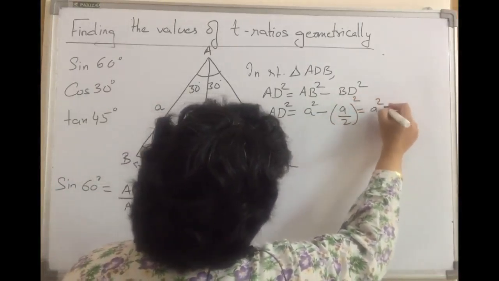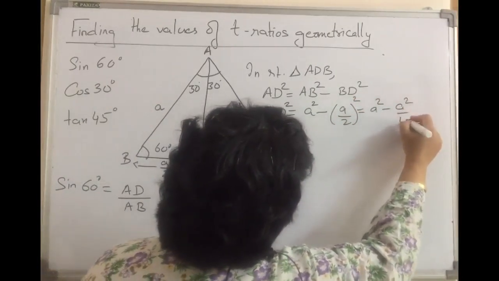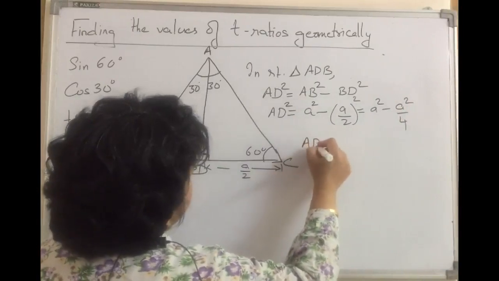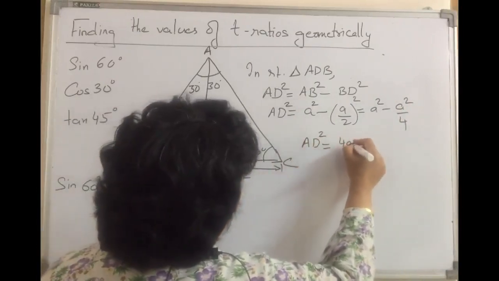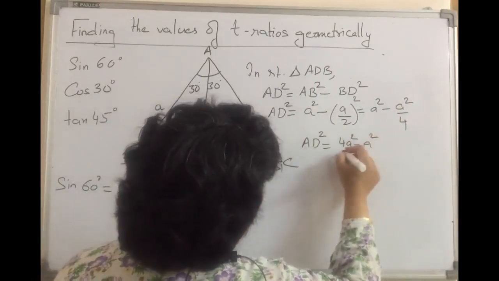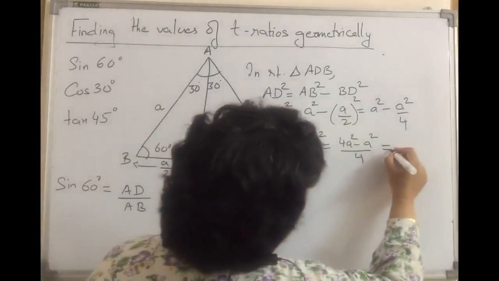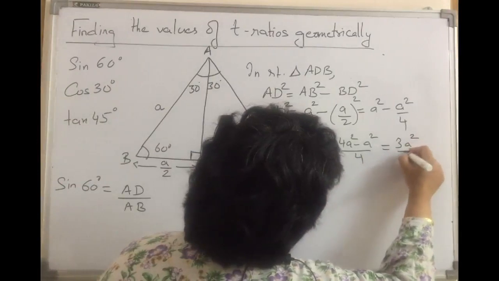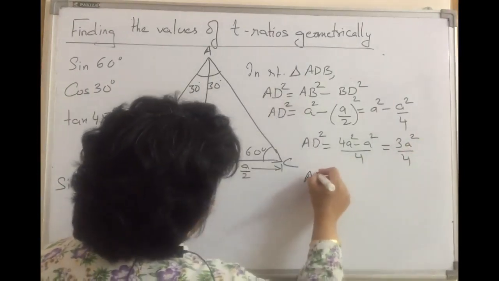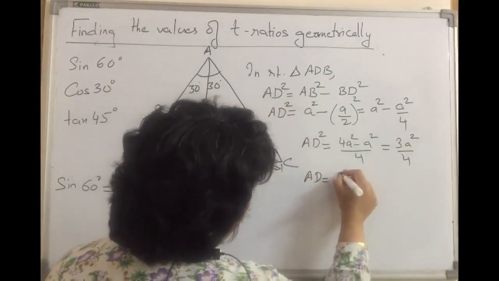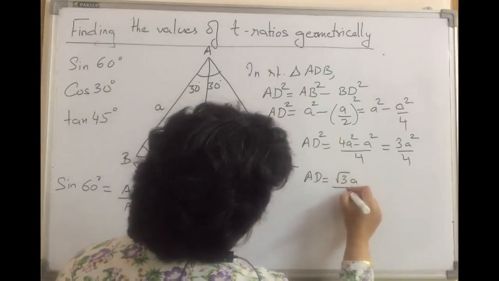So it becomes A square minus A square by 4, or AD square is equal to 4A square minus A square by 4 when LCM is taken. So it will be 3A square by 4. Or the value of AD is root 3A by 2.